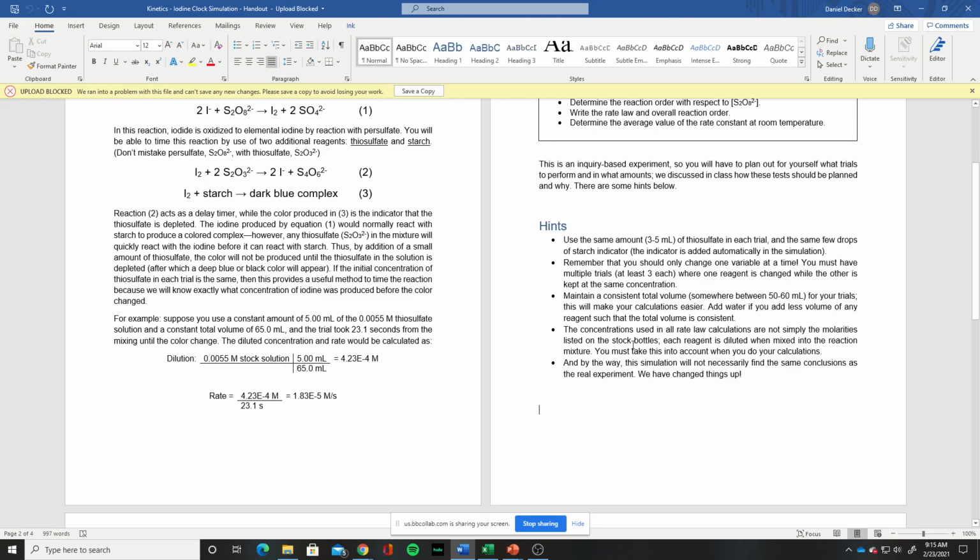Okay. The next tip here, the next hint, says the concentrations used in all the rate law calculations are not simply the molarities listed on the stock bottles. Each reagent is diluted when mixed into the reaction mixture. You must take this into account. So again, lots of dilution math is going to be done here.